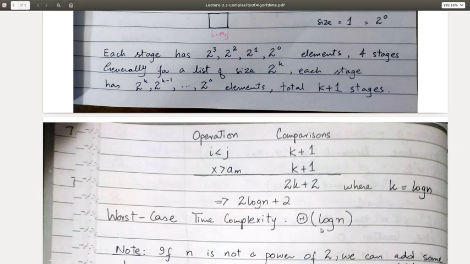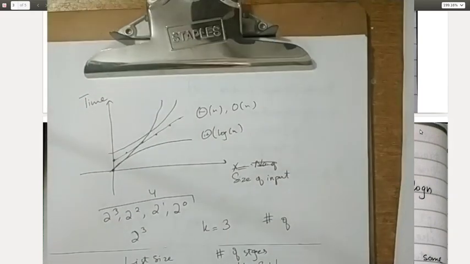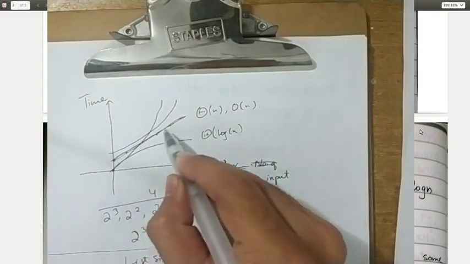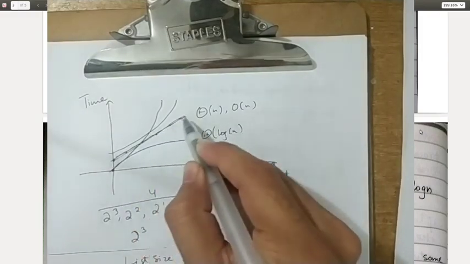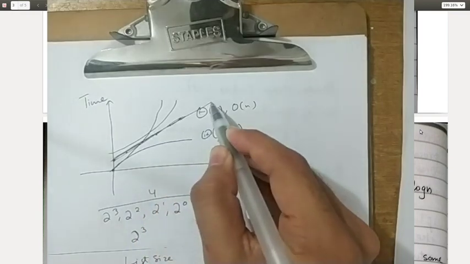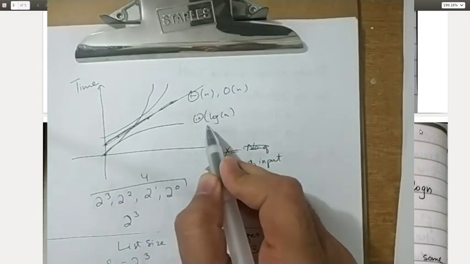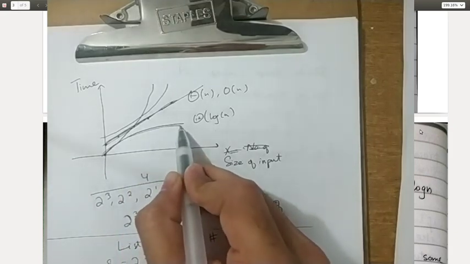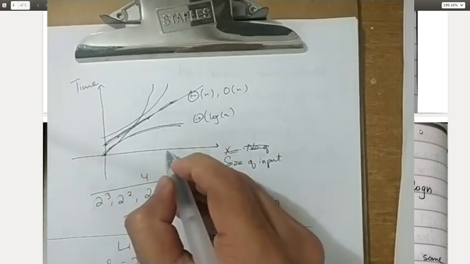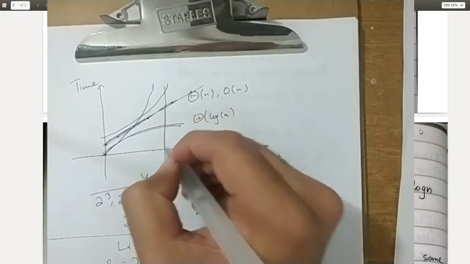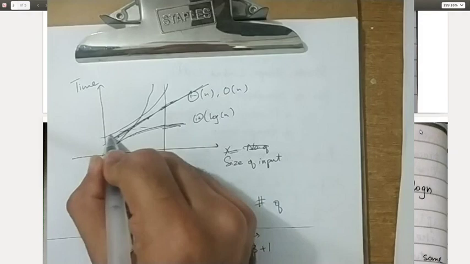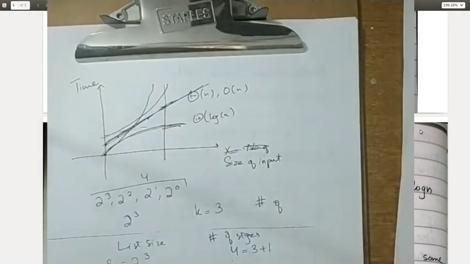So if you look at this graph, the time taken for linear search will increase linearly, but the time taken for binary search will increase as a log function, which means after a large value of n, binary search will be much faster. It will take much less time than linear search.